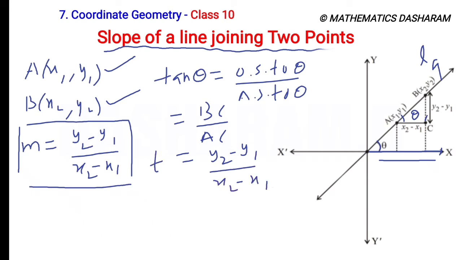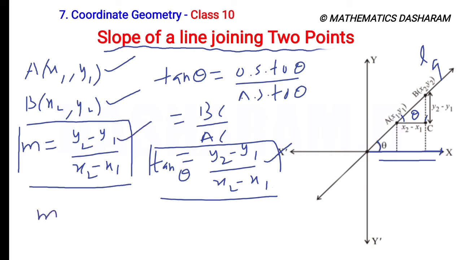So tan theta equals y2 minus y1 divided by x2 minus x1. But the same answer came at this place, so indirectly the slope m equals tan theta also. That is why the slope m equals tan theta, and at the same time y2 minus y1 divided by x2 minus x1. So there are two formulas.